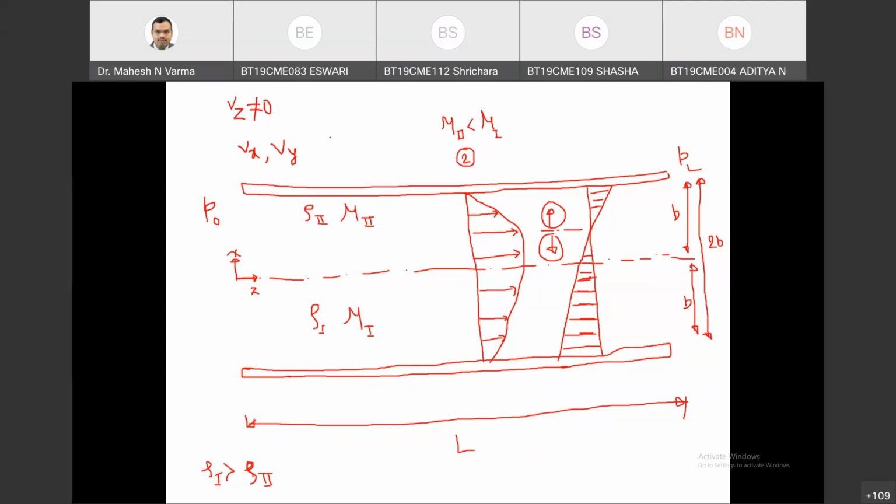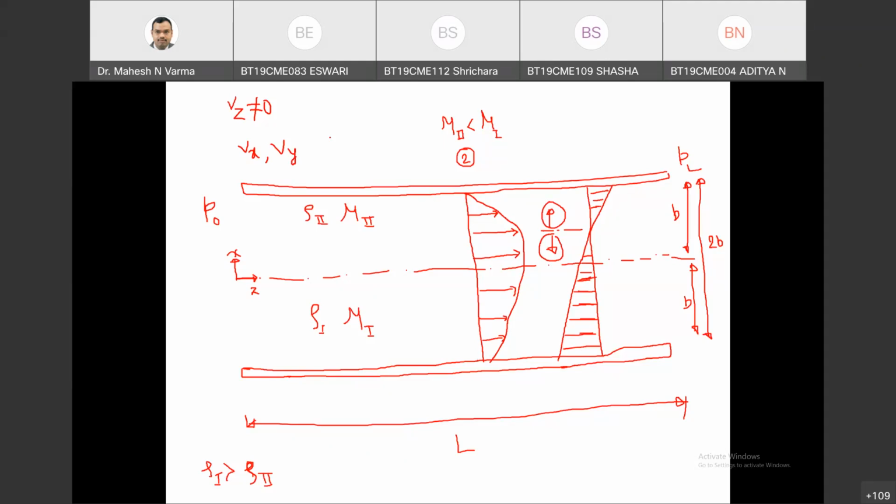What is the driving force in momentum transfer? Velocity gradient is a driving force in momentum transfer. For velocity, I am telling. That is for momentum flux. Pressure difference. So what is the pressure difference in x direction?